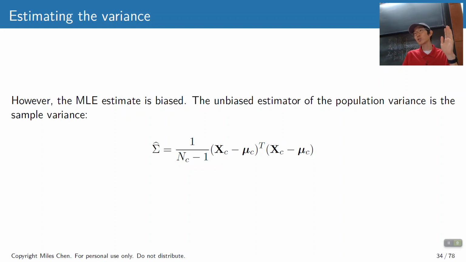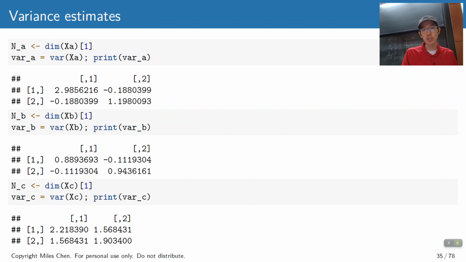But you don't have the true population mean, so you're using your sample mean. Your sample mean is always going to be in the center of your sample. And so the distance from your random x values to the center of your own sample is always going to be a little bit smaller than the distances from your random sample to the true population mean. And so to compensate for underestimating those distances, you divide by n minus 1.